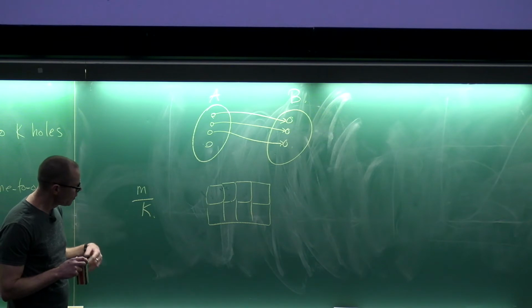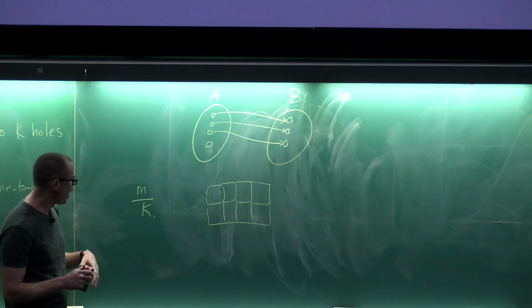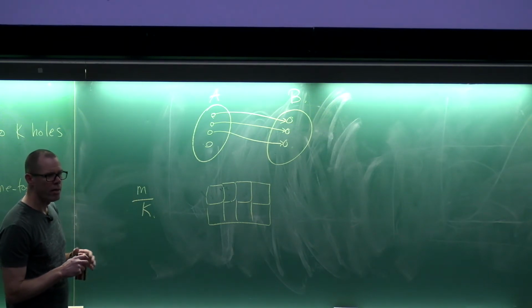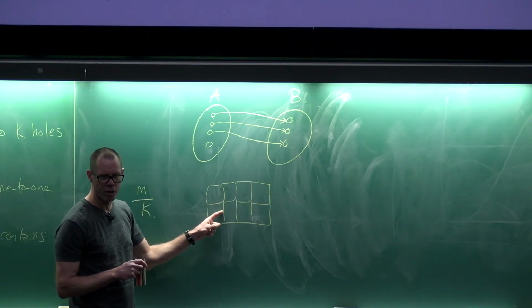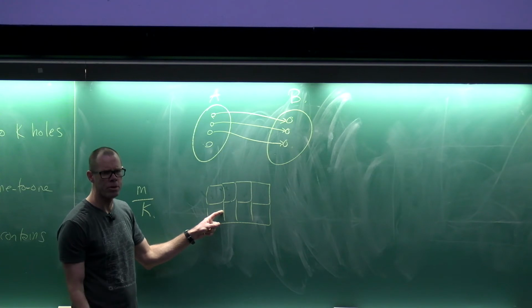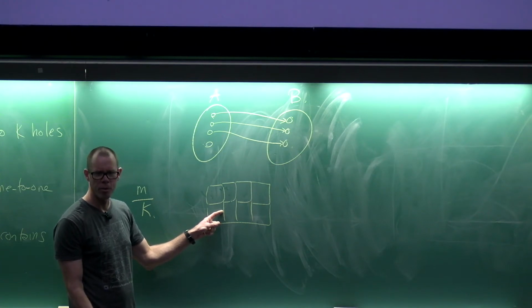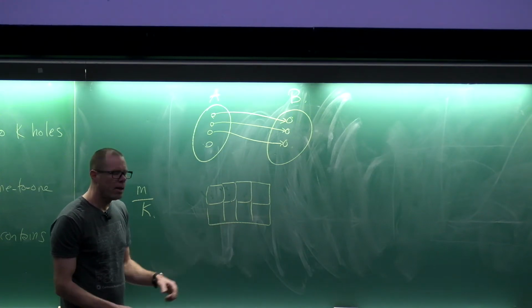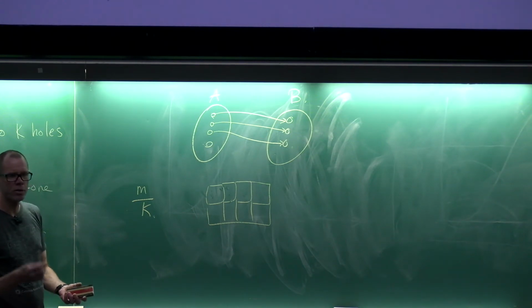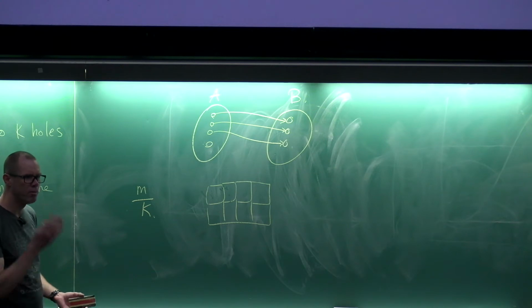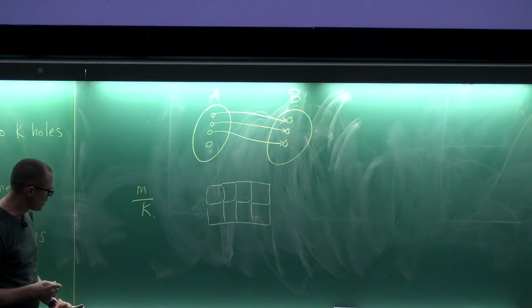So if the average is M over K, then there has to be something in here which is bigger than or equal to the average, because not everything can be smaller than the average. That wouldn't make sense. And finally, again, these are pigeons. We're not interested in slicing them or cutting them into pieces, so the number of pigeons is an integer.